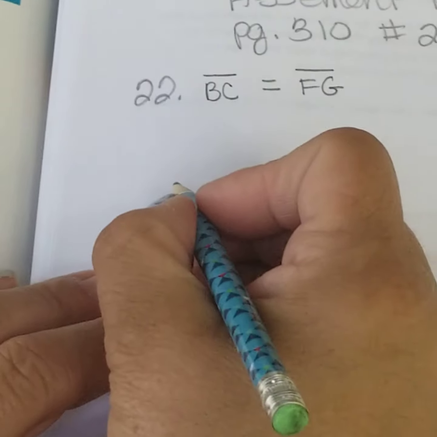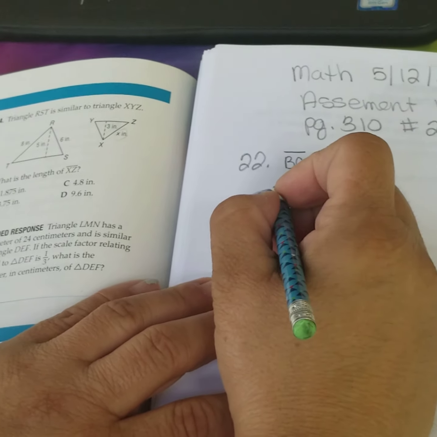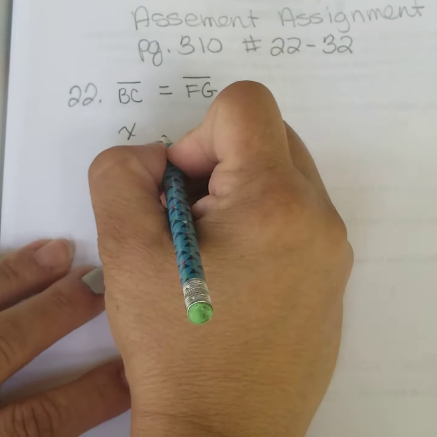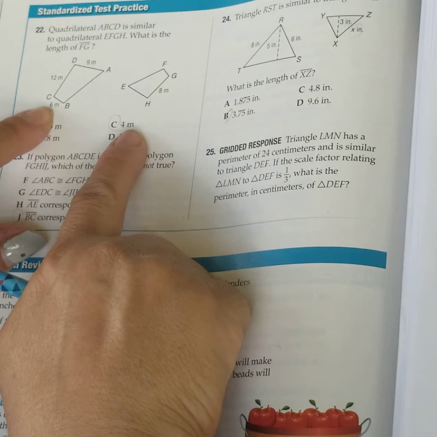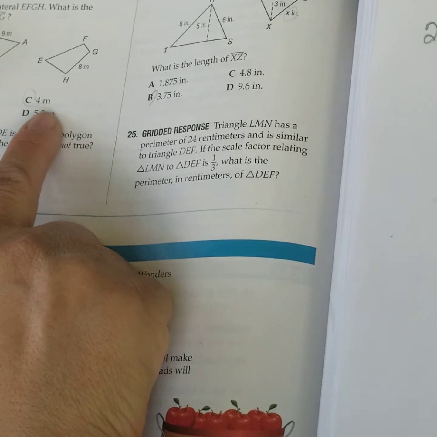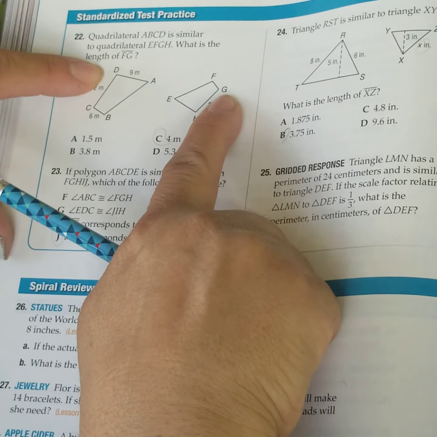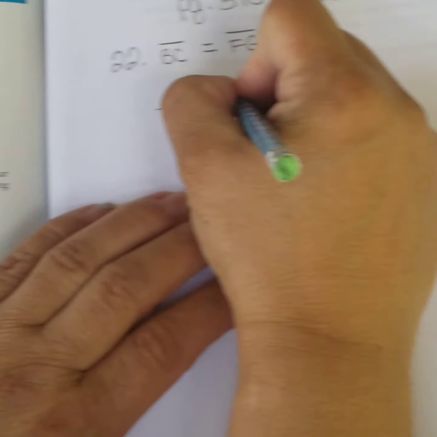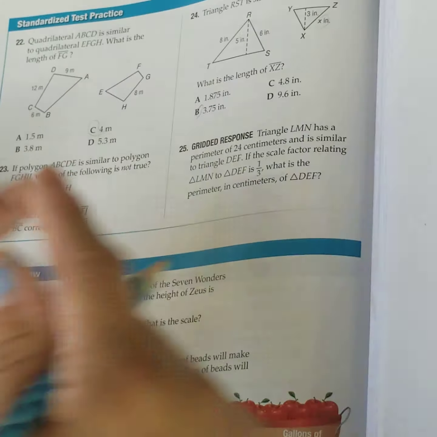We don't know what FG is yet. So FG over BC is similar. We have CD and GH. So CD is 12. GH is 8.